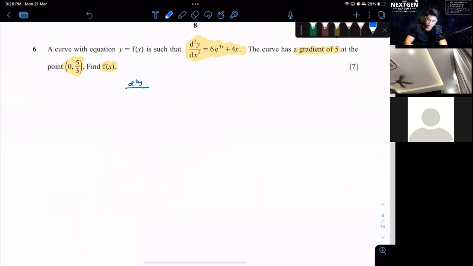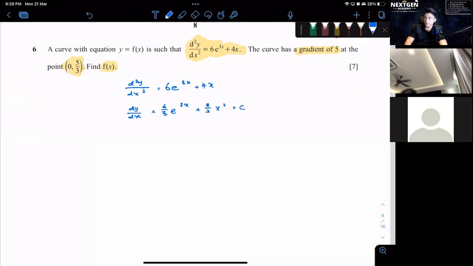So integrate d squared y over dx squared, you would get dy over dx equals 6 over 3e to the power of 3x plus 4 over 2x squared. Make sure you put the plus c.